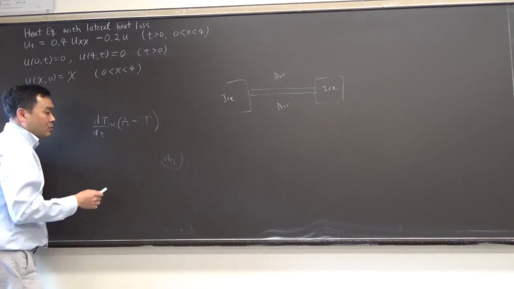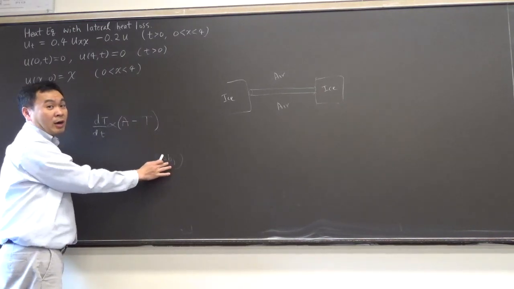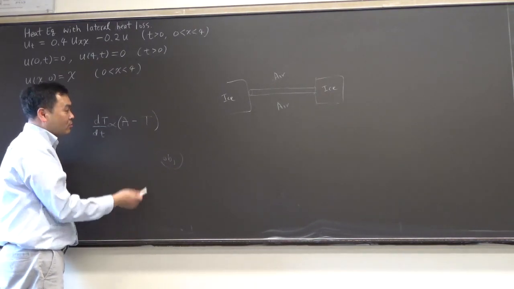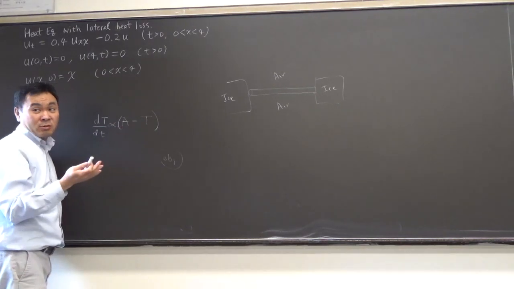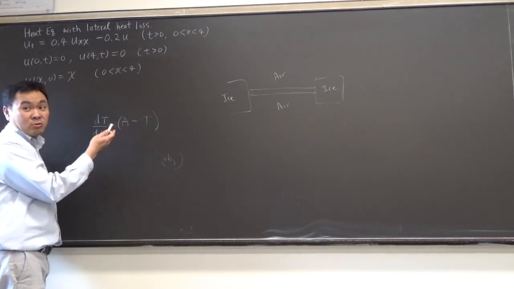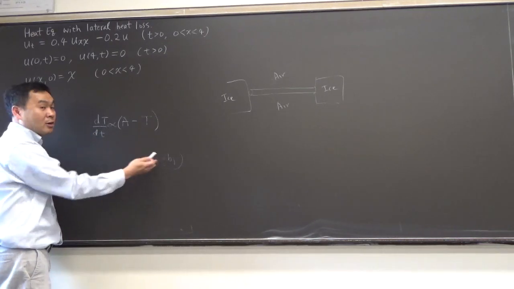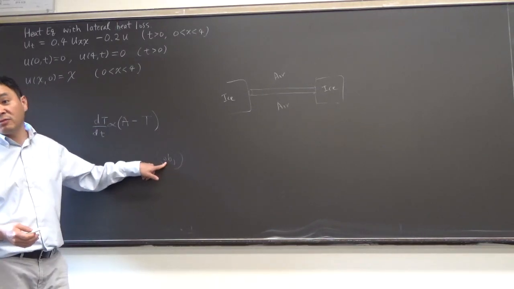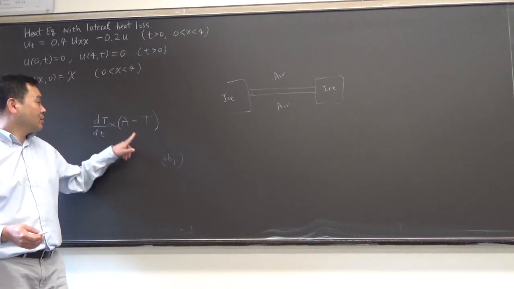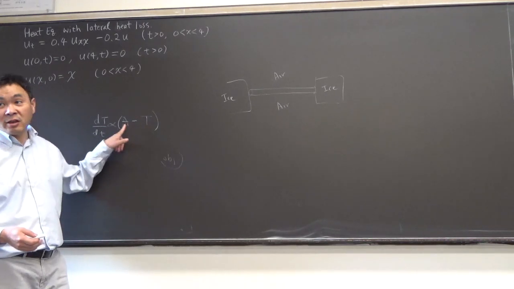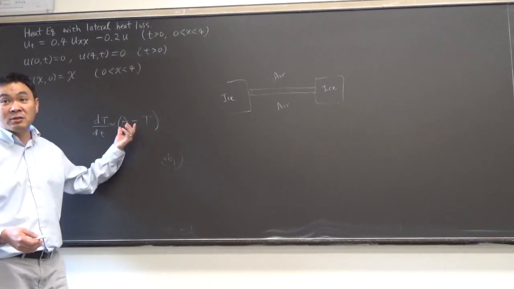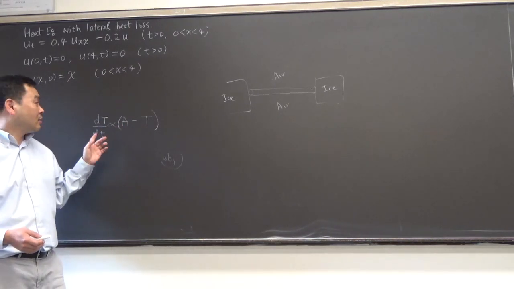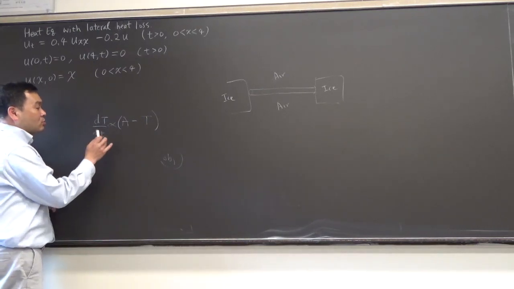For example, if this object was a cold cup that's 0 degrees Celsius and the room temperature was 20 degrees Celsius, then the difference between the two is positive, so you know that the cup would be rising in temperature. On the other hand, if this was coffee, which is hot, then it will be hotter than the ambient temperature, so the difference will be negative. So you see that the temperature of the object should go down. Okay?